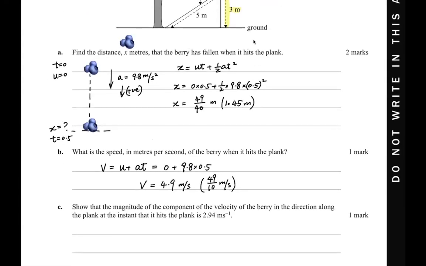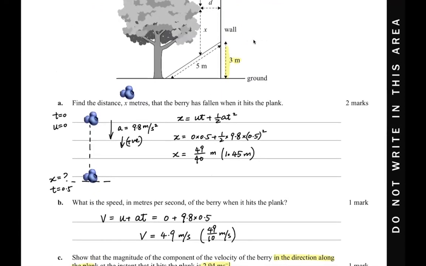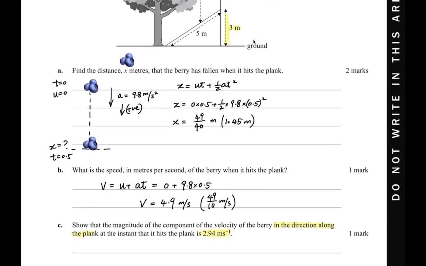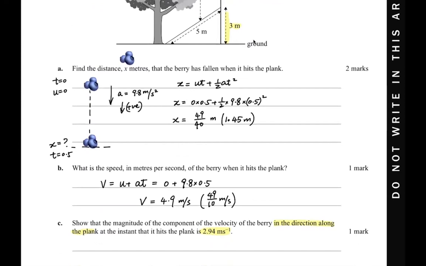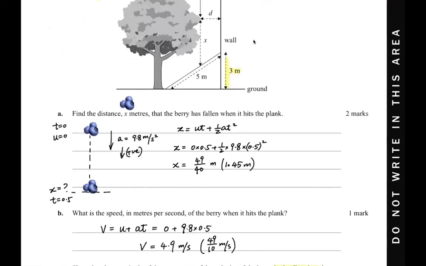Show that the magnitude of the component of the velocity of the berry in the direction along the plank at the instant that it hits the plank is 2.94 meters per second. In this case, if you really want to make sense of how we obtain 2.94, you need to redraw the diagram here. We know this is a right-angled triangle, with the ratio of 5:3.